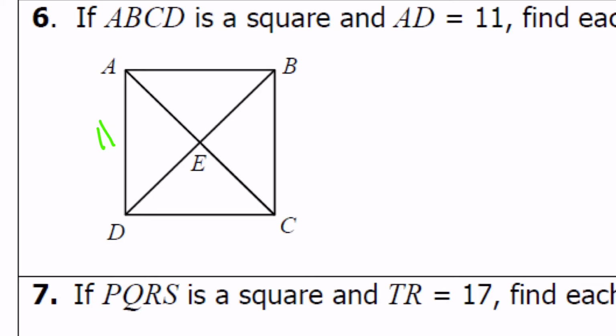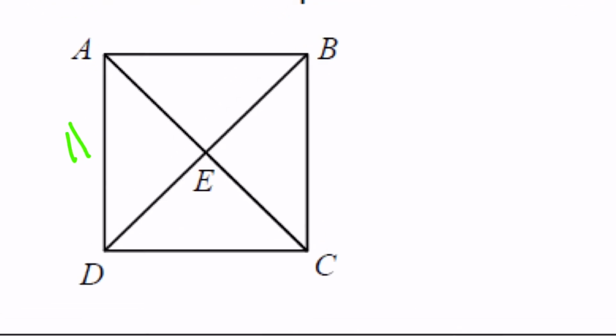So because it's a square, these come together to form 90-degree angles, and all of these sides are 11. I'll leave it at that for right now.